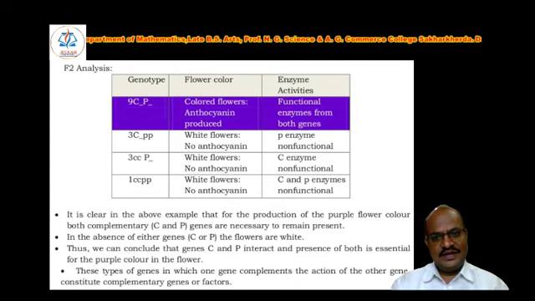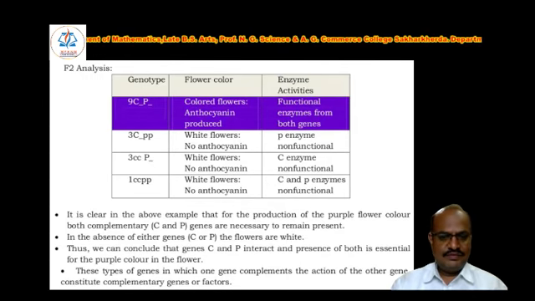When we analyze the F2 generation, it is clear in the above example that for the production of a purple color flower, both complementary genes capital C and capital P are necessary to be present. In absence of either gene, that is capital C or capital P, the flower will be white.